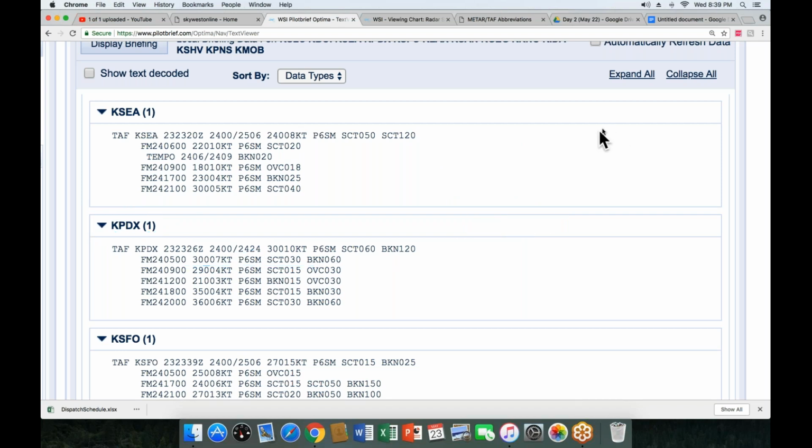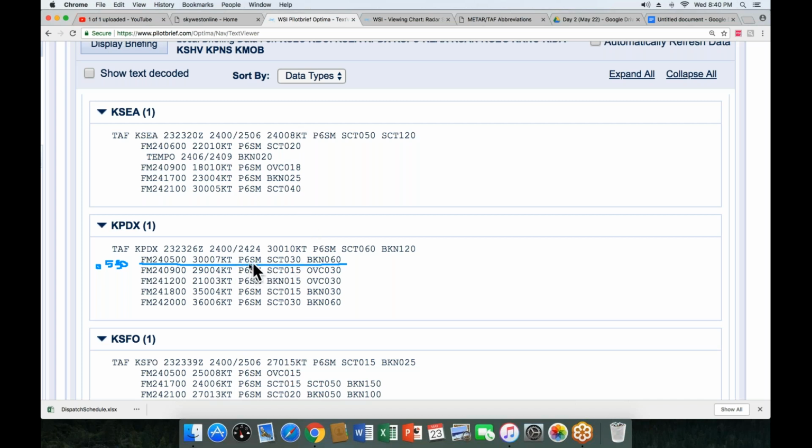The next thing that we look at is, do we need an alternate? And what's the requirement for an alternate? Eric, what's the requirement for an alternate? When are we required to list an alternate on the release? Is that the 1, 2, 3 rule? Yeah, so always, unless 1 hour before, 1 hour after the ETA, we have 2,000 foot ceilings and 3 miles of visibility, right? Yep.